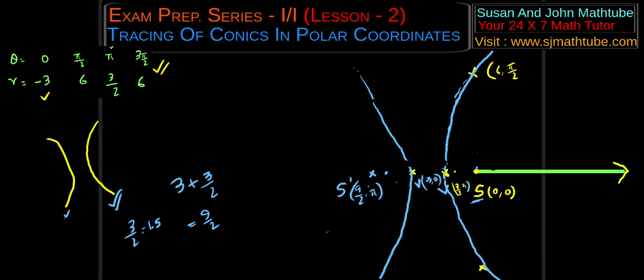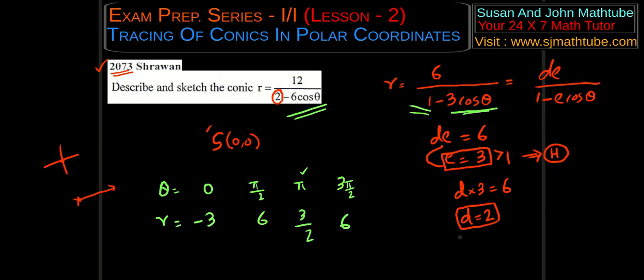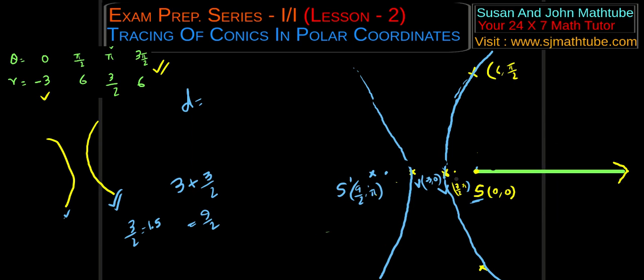Now what's left? Yeah, the directrix. So d equal to, do you remember d? Let's check it. Yeah, d is 2. So from the focus, we have to move 2 units. So this is 1 and again 1. That will be our first directrix. So let's plot that line.